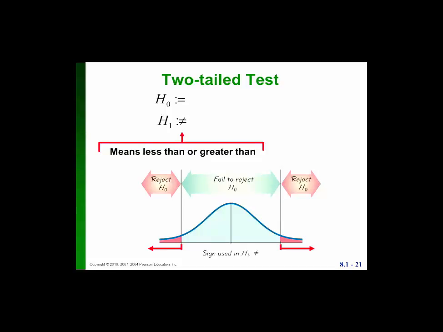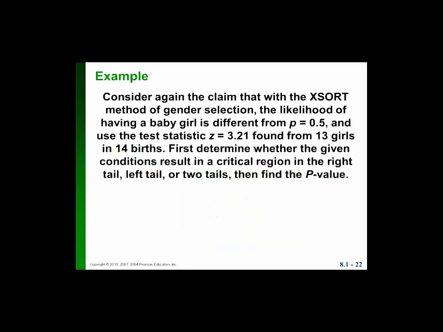All right, go back to XSORT. The likelihood of having a baby girl, let's see, the claim. This is a different claim. Consider again the claim that with the XSORT method of gender selection, the likelihood of having a baby girl is different from 0.5. It doesn't say less than or greater than, it just says different from.